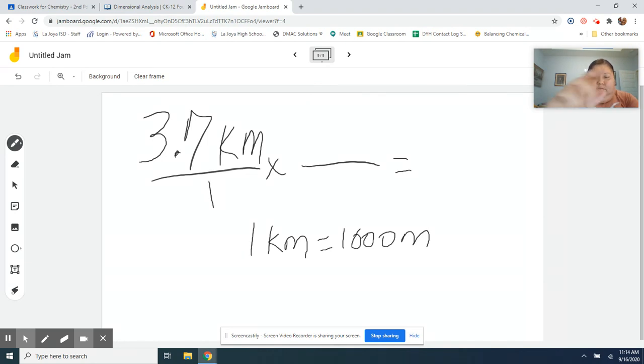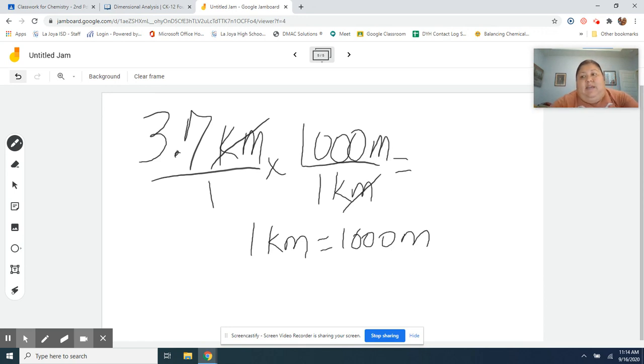But you have to remember, in order for me to cancel this out, I need to put kilometers on bottom. If I put kilometers on bottom, they easily cancel out. And then I can put my equivalent of 1,000 meters on top. Side by side, we multiply. Opposite sides, we divide. Okay? That is for this one.